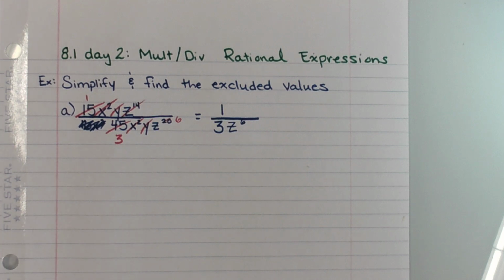Is this the same as just 3z to the 6th? No. Far too often I come across problems like this, and the first thing people do is get rid of the 1. If the 1 is in the numerator, you cannot get rid of it. If the 1's in the denominator, can we? Yes.